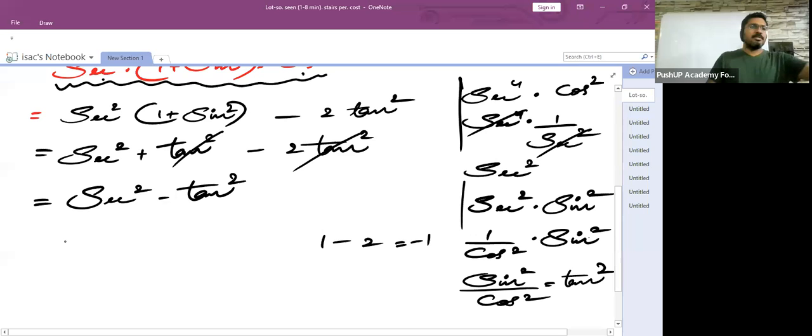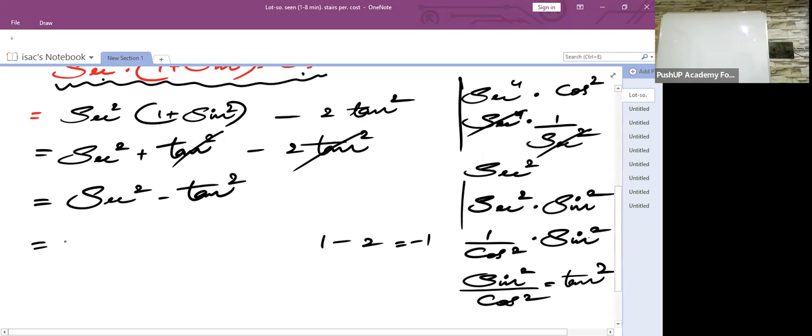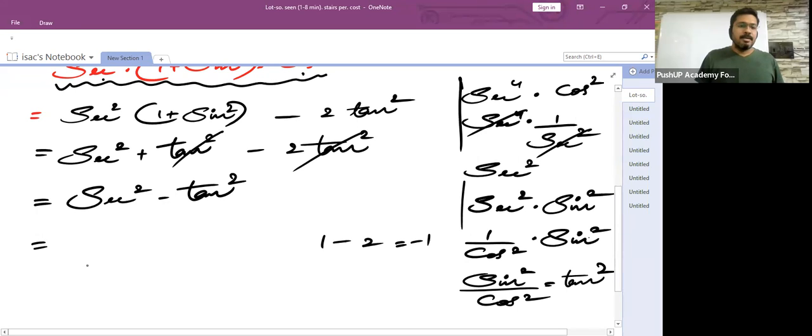What is sec square minus tan square? Sec square minus tan square is equal to 1. Is this the required RHS? This is the required RHS. Okay.